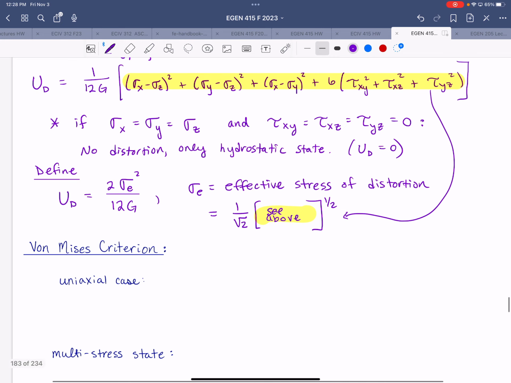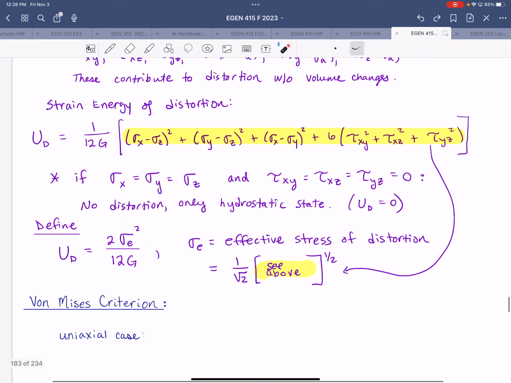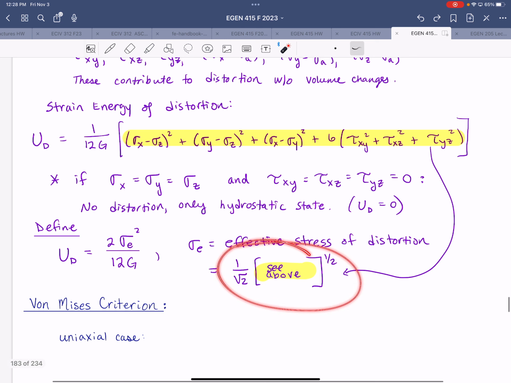All right, so the von Mises criterion then states that yielding begins when this effective stress of distortion reaches a limiting value. Unlike the Tresca criterion, which was just based on shear stress, and when that reaches a limiting value, now we're focused on this whole thing.